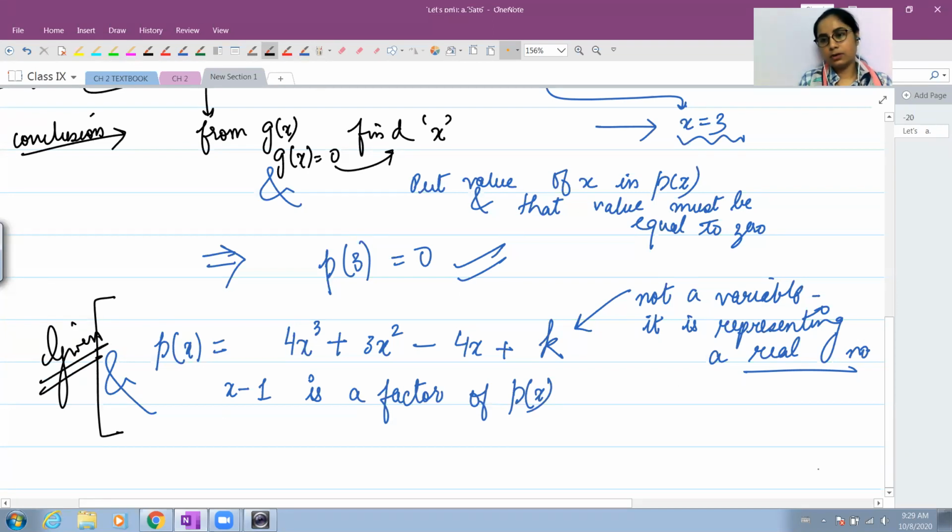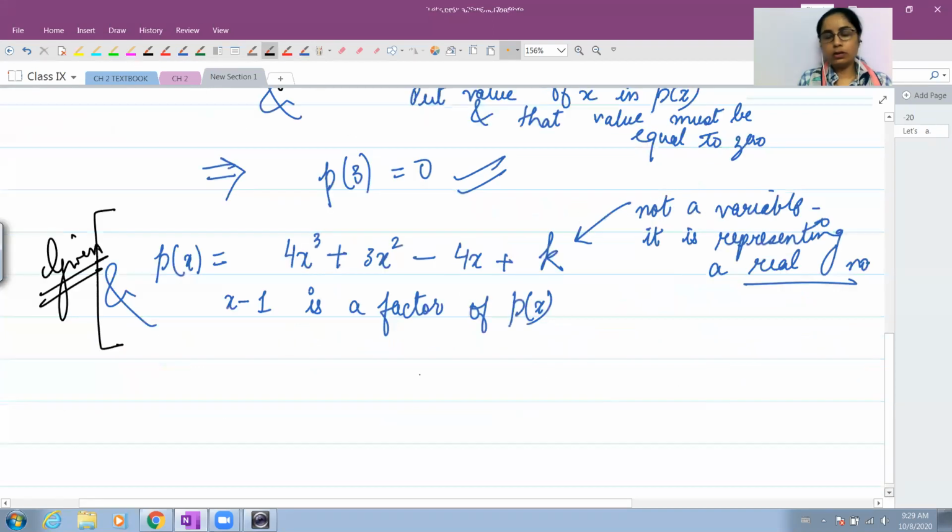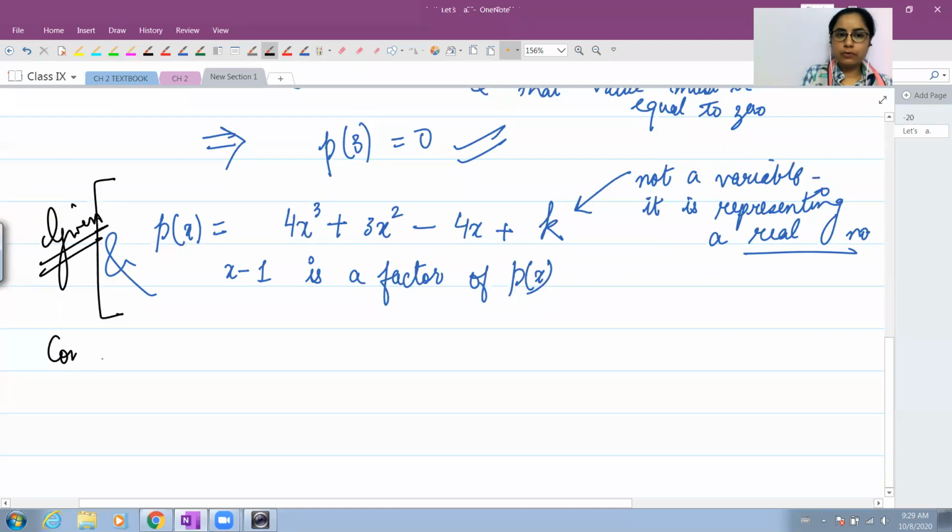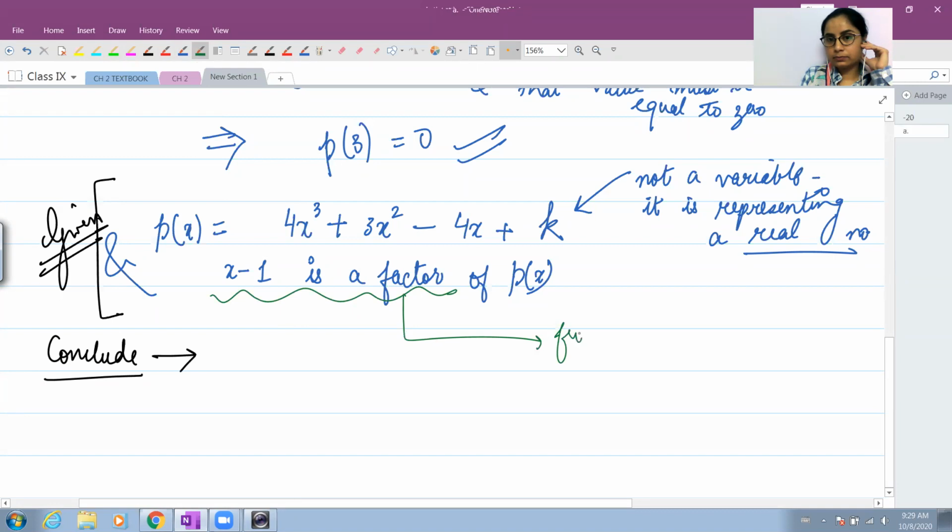I want to conclude a result from factor theorem, that would mean from this factor, find x. So what I'll do is, I'll be taking x minus 1 equals to 0, I get x equals to 1.